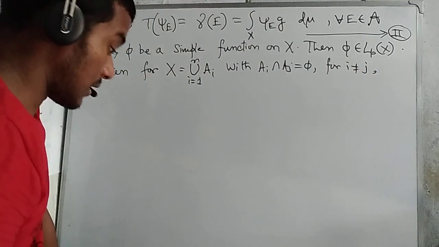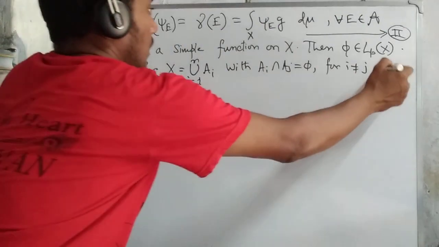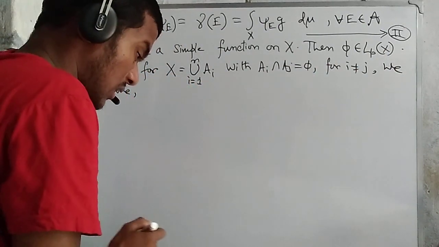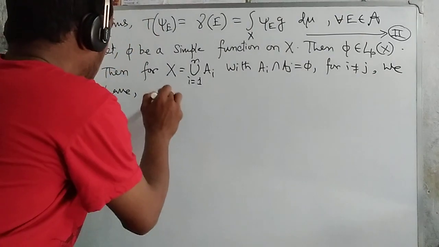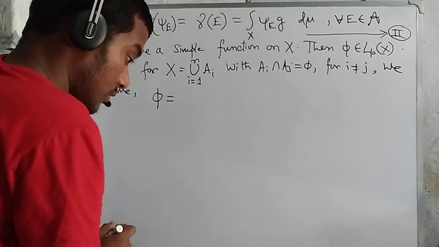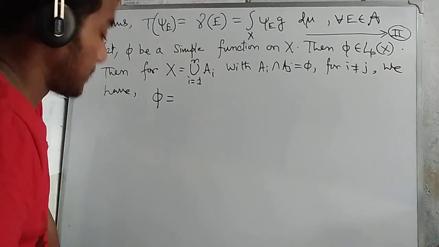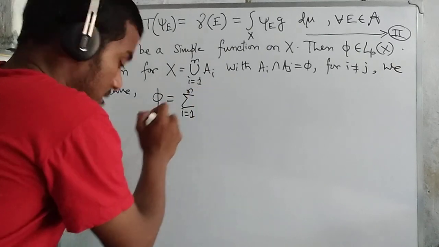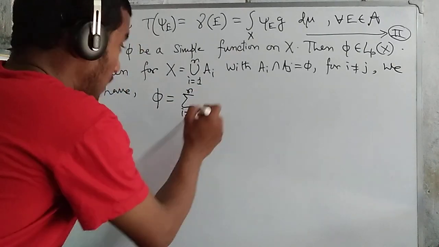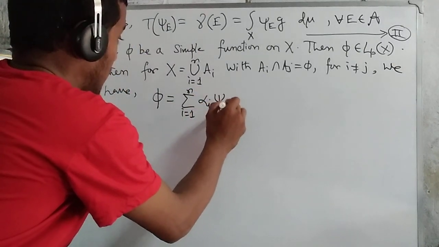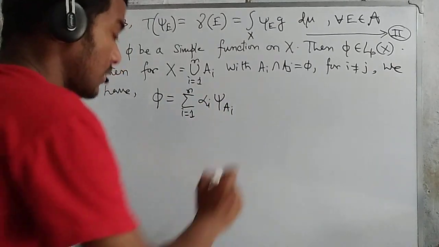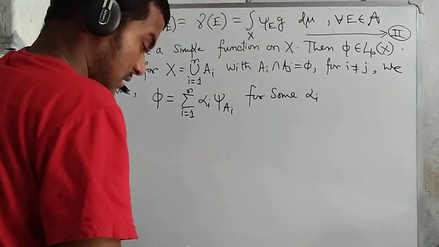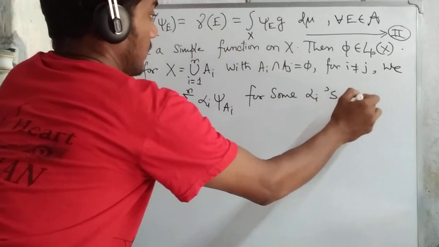That means the A_i's are disjoint, and we have phi equal to the summation of i equal to 1 to n alpha_i psi_{A_i}, for some alpha_i in K.